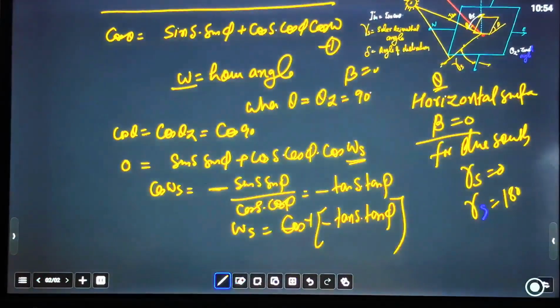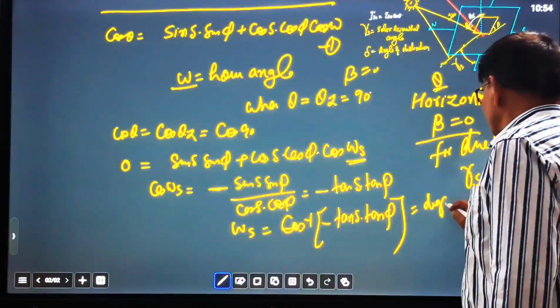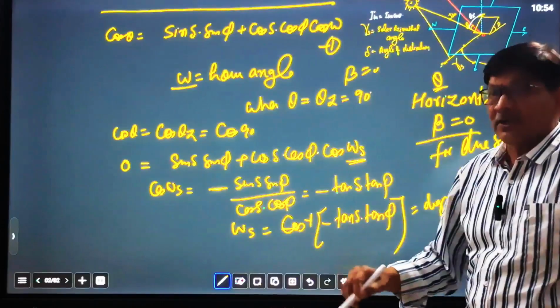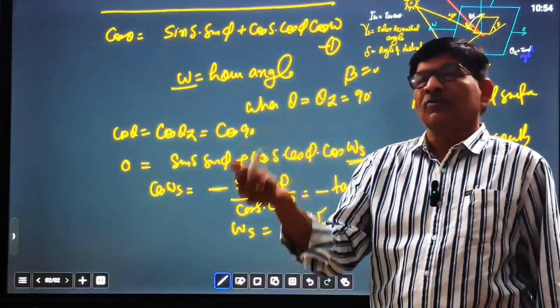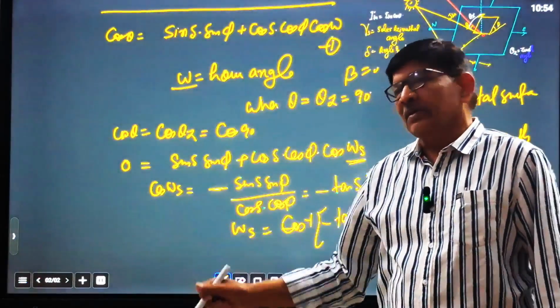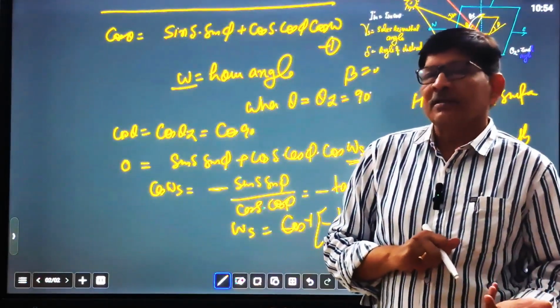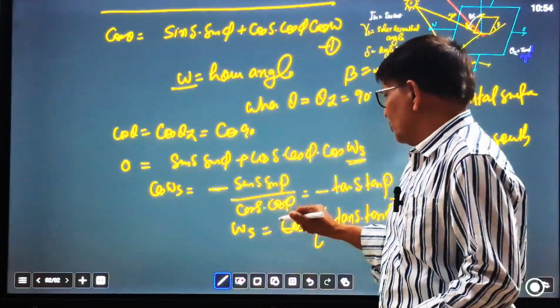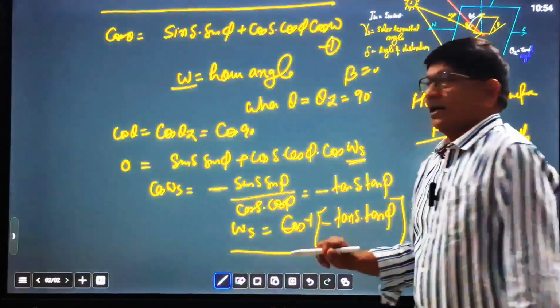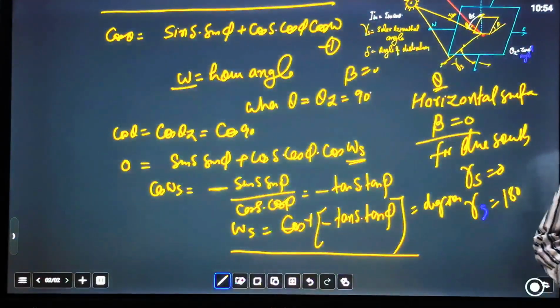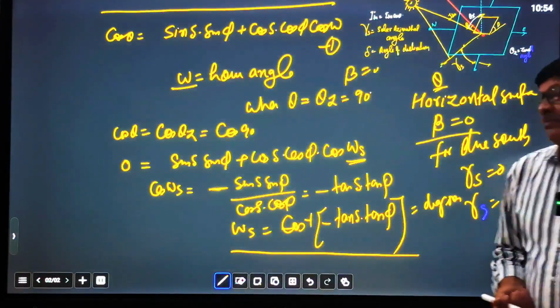But this is not the total angle. You get this in degrees, because we have calculated this only for the morning to the noon, and from noon to the evening again we get 6 hours, meaning 90 degrees. So we have to multiply omega s by 2 to get the maximum sunshine hours.